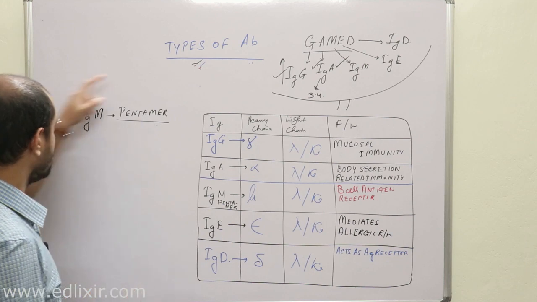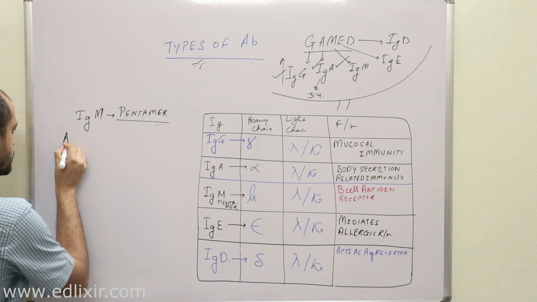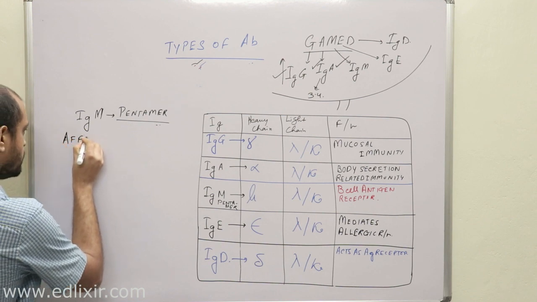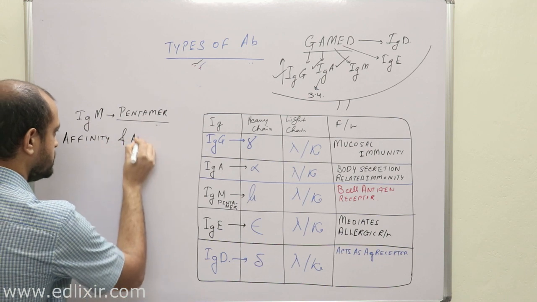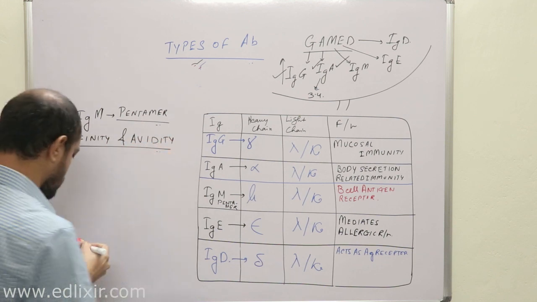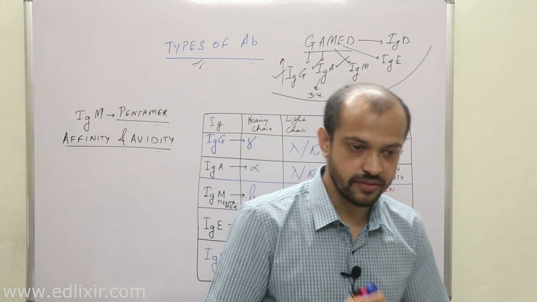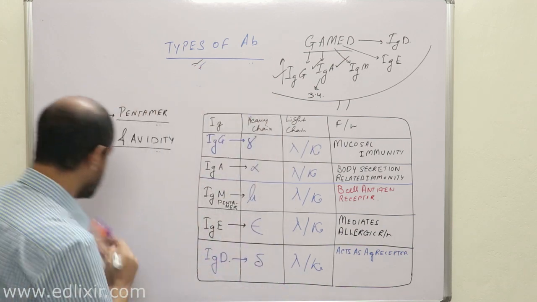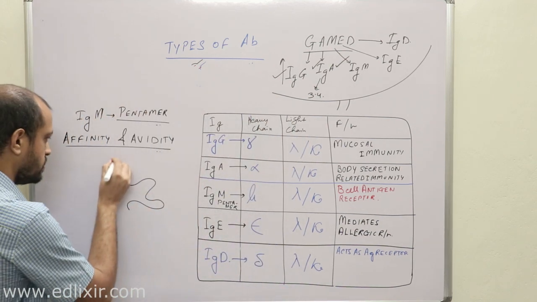Now, before we talk about the pentameric nature of IgM, we must talk about affinity and avidity of antibody. If you really want to know the difference, you must first understand that suppose this is a protein.